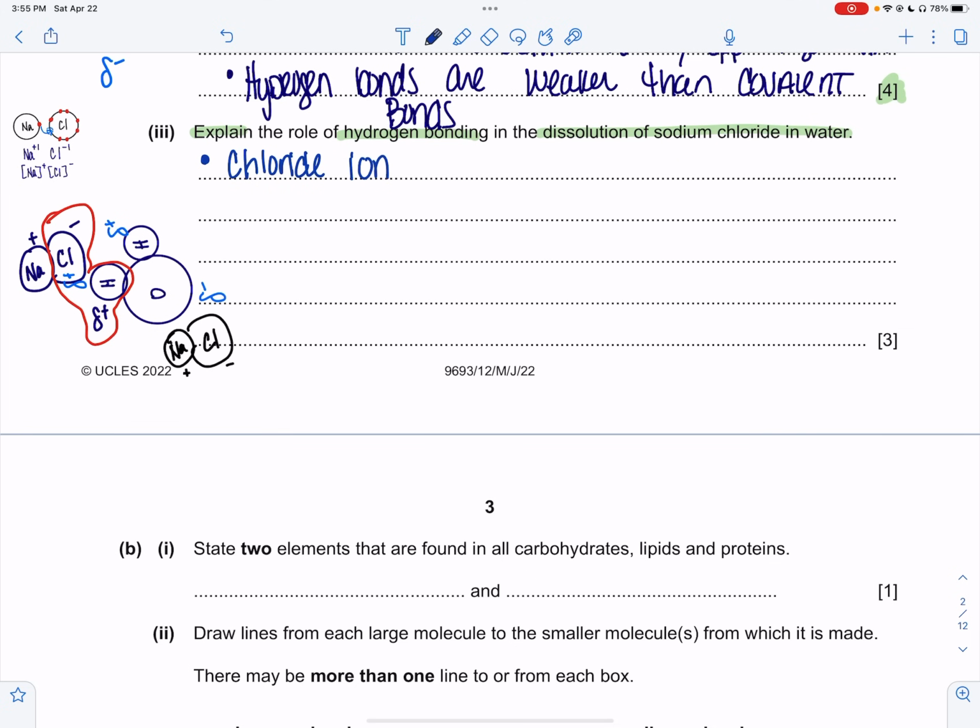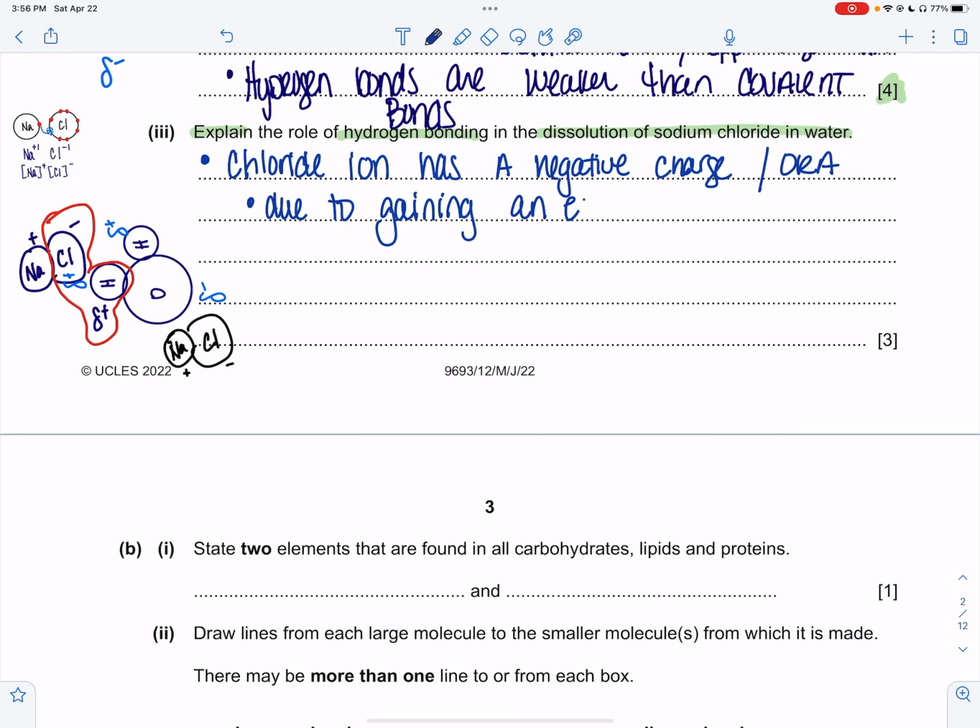Okay, the chloride ion has a negative charge. Or you can say the reverse argument, the sodium ion has a positive charge due to gaining an electron from the Na, or you can say sodium ion.